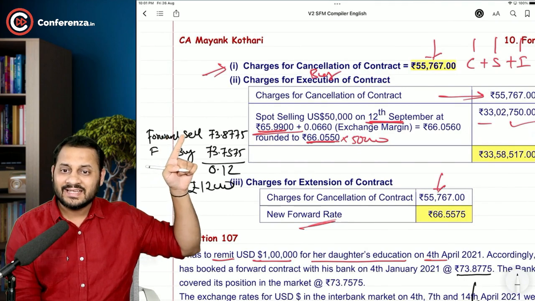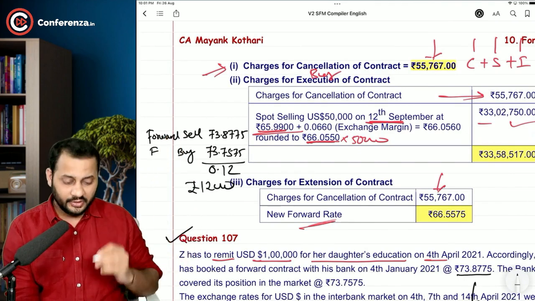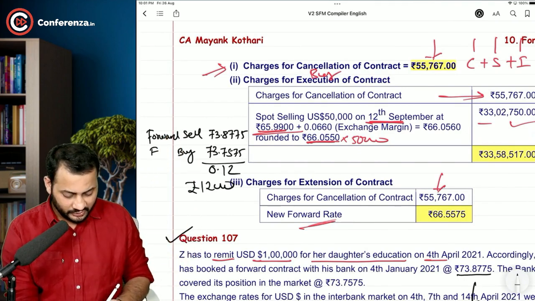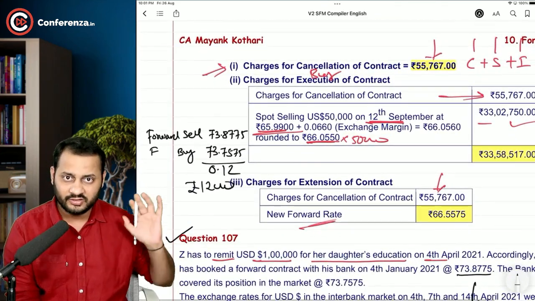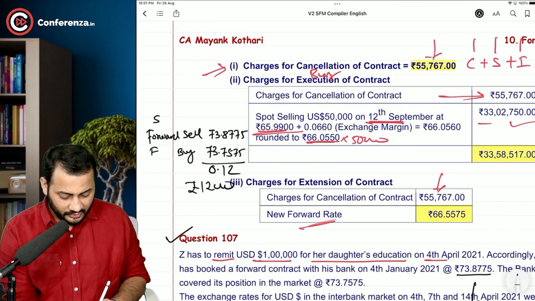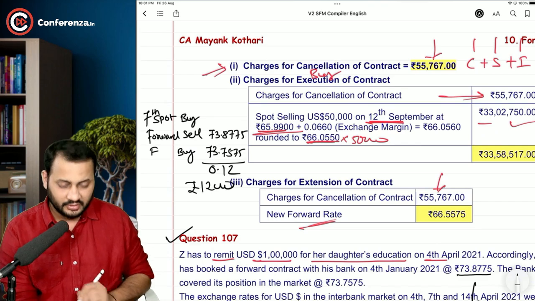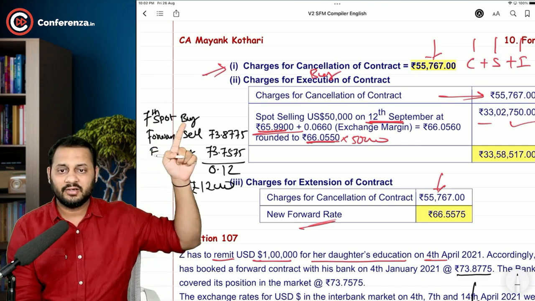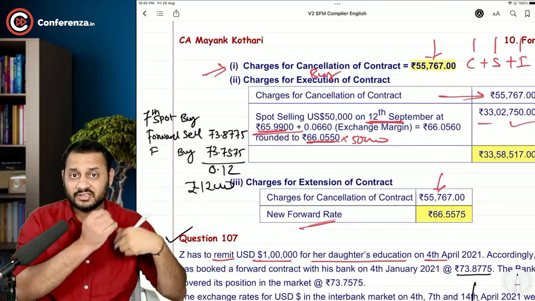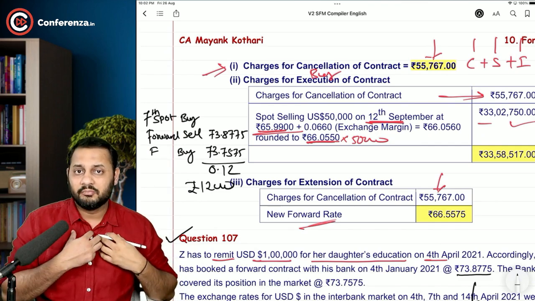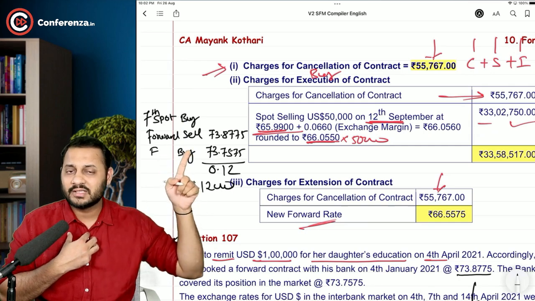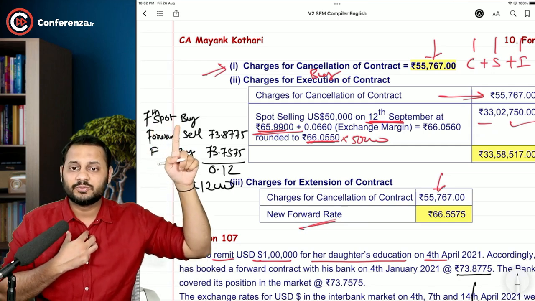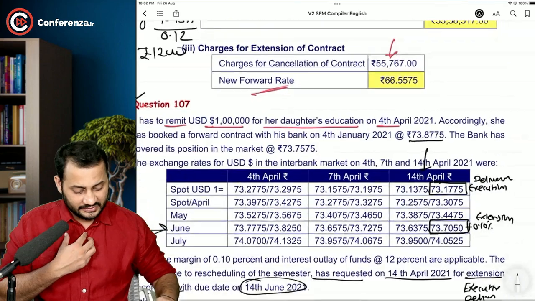In order to cancel this, on the due date, on 7th April itself, because the third day gets over on 7th April, we will do a spot buy of 7th April. Take the spot buy rate of 7th April with the customer. You will buy at the bid rate. Bank, you are the bank. These sell and buy are from the bank's angle. So the 7th April spot buy rate is applicable for the cancellation.